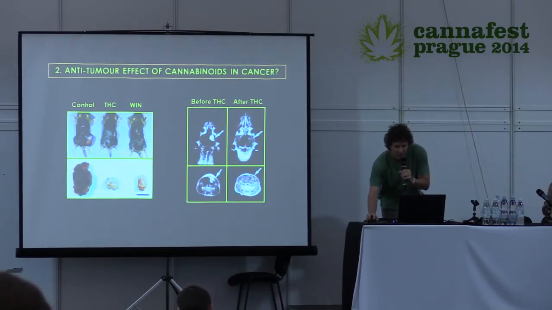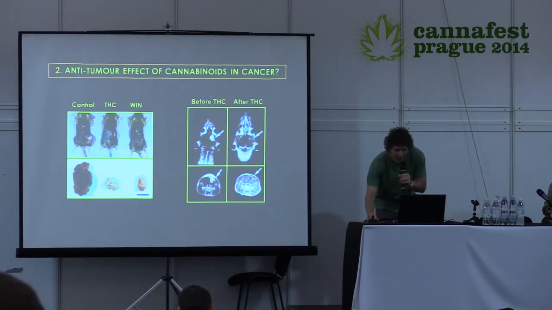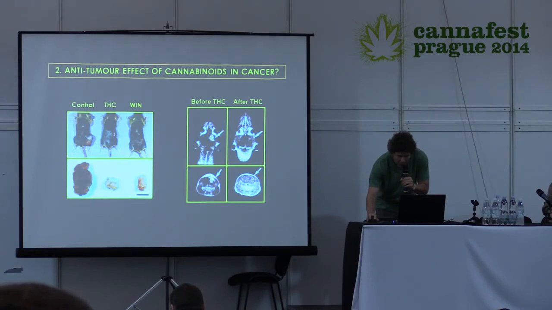This is a rat. This is an MRI, a magnetic resonance image of a rat brain, on the left-hand side before treatment and on the right-hand side after treatment with THC. You can see here the eyes of the animal, the ears of the animal. This is the neck, this is the brain, the two hemispheres, and you can see this white spot on the right hemisphere that is pointed by the arrow. This is a tumor, a tumor on this rat brain in the right hemisphere.